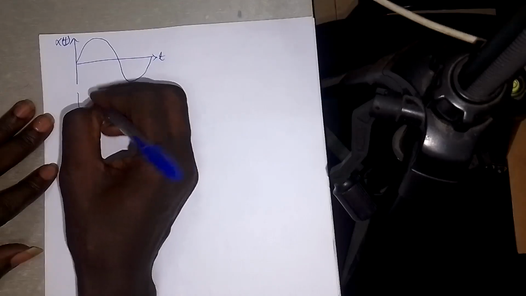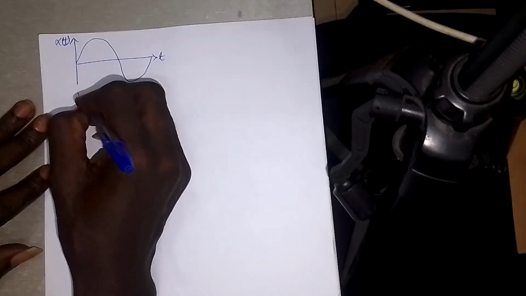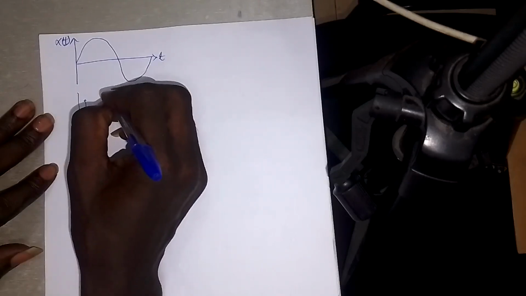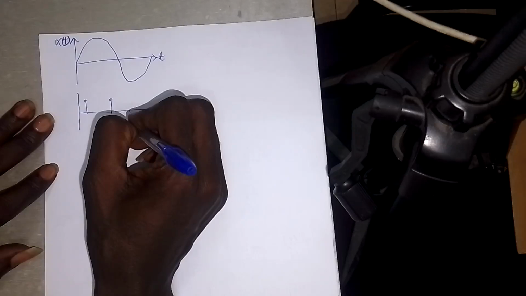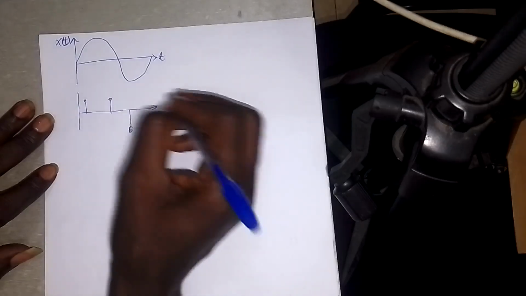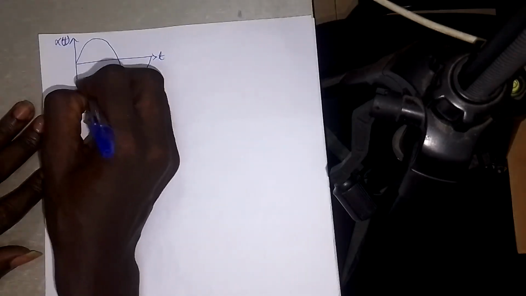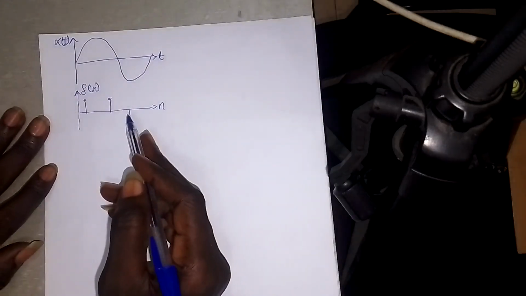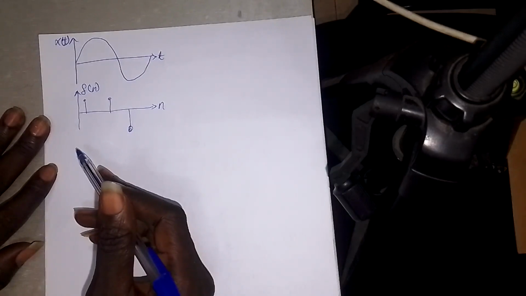So let's say I take one here, and another one here, and another one here. Let's say delta of n, my impulse train, goes this way.